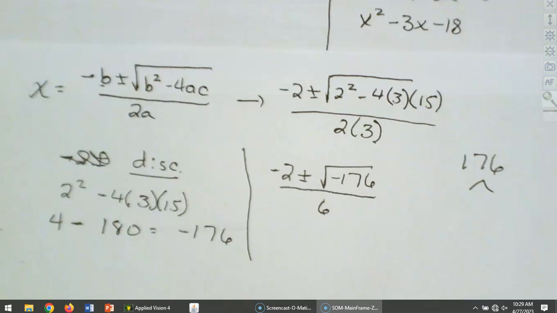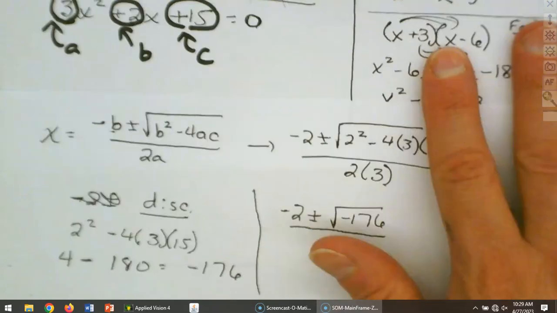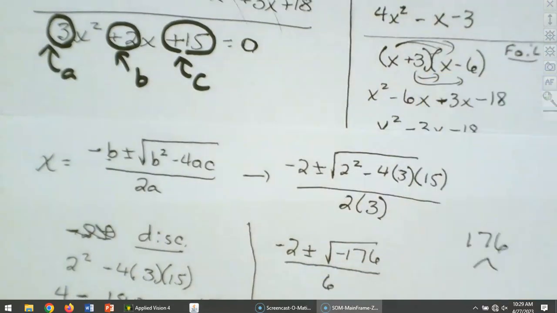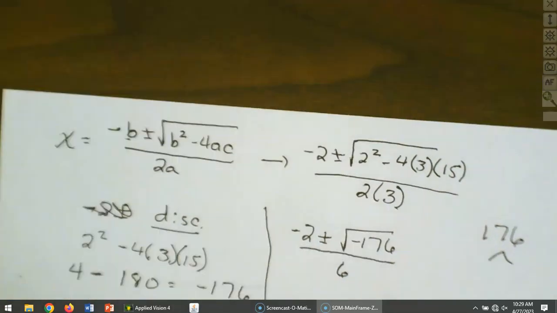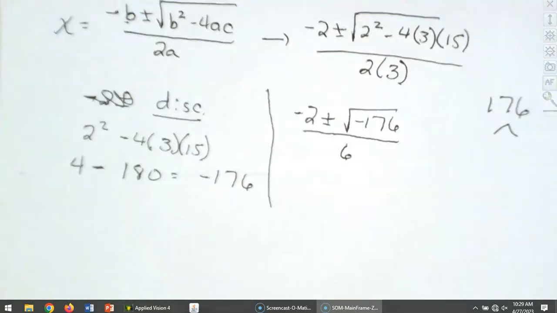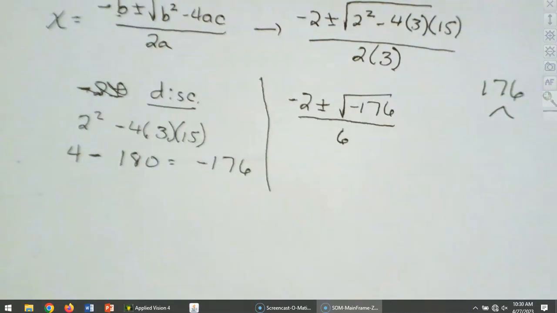You have to FOIL the left, FOIL the right, set it to 0. Then we applied our quadratic formula. We labeled our pieces, and we did that up here. Put them into our formula. We worked out our discriminant first. Break down 176 because it's an even number. So again, we're going to try 4.